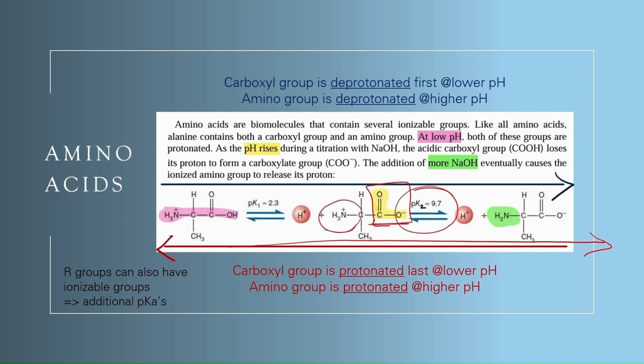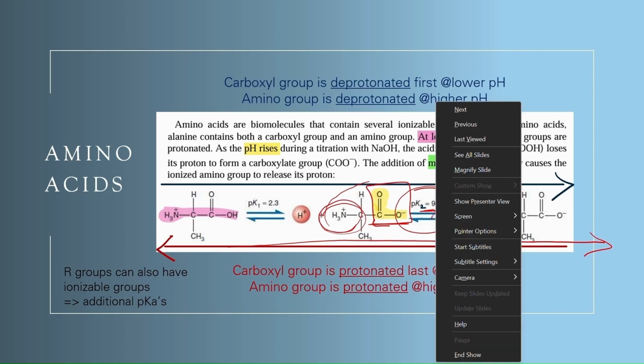Since it's protonated, you're still adding more hydroxide ions. So at one point, that is 9.7 pH, the protons are going to be removed from every amino acid's amino group, okay? And they're going to buffer out, and that's why we have another point of equilibrium over here, okay?